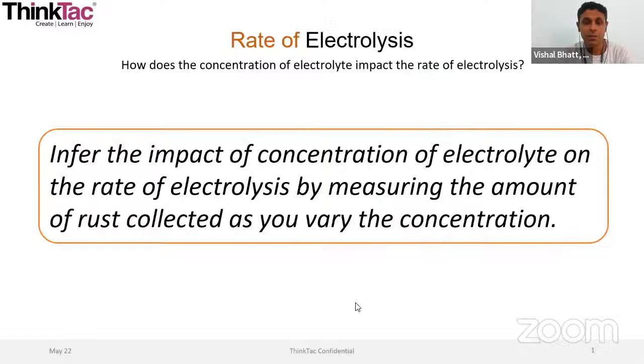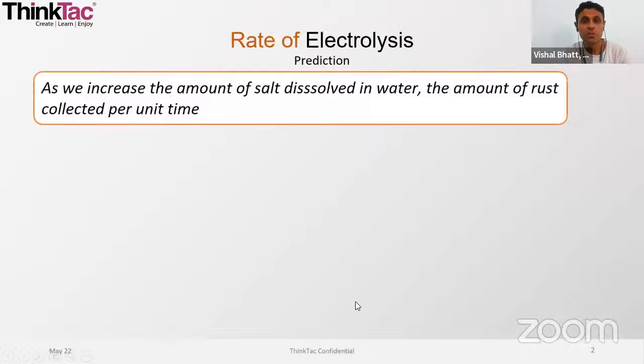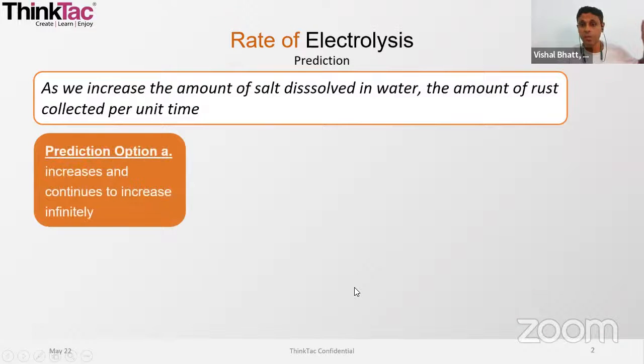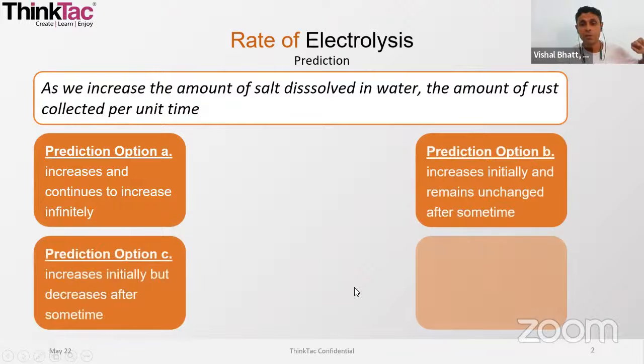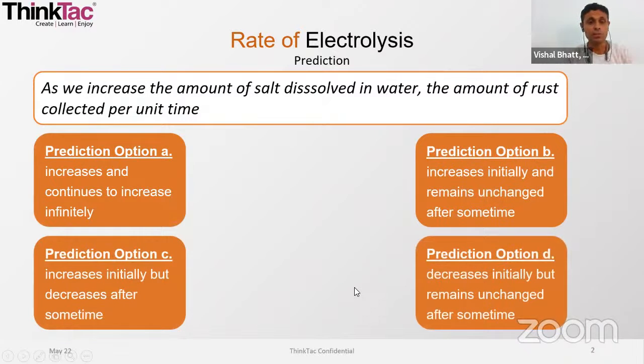Let's also quickly revise the 4 options that we looked at yesterday. We wanted to predict what will happen. For that we had 4 options, and we also had 4 different hypotheses. In one case, we are saying the rate of electrolysis will increase as we increase the salt concentration, and it will continue to increase.